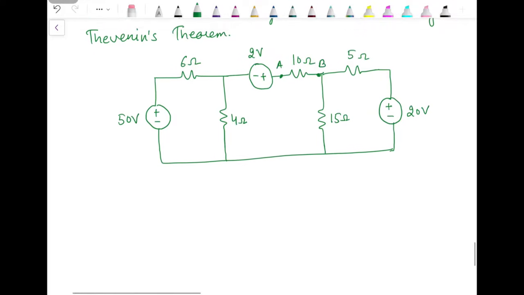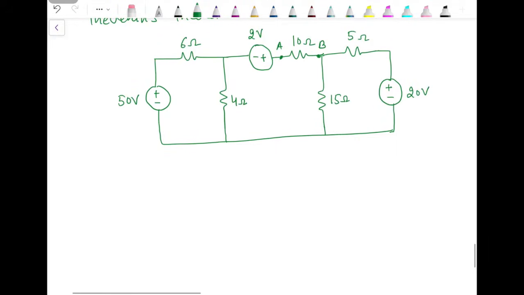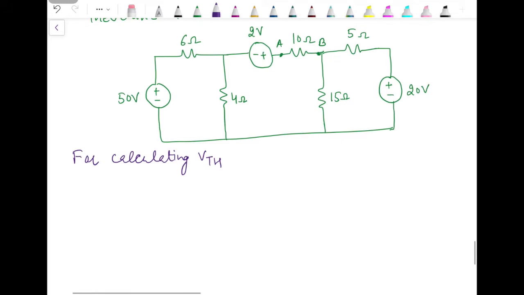So the first step here is, for calculating VTH, we need to redraw the circuit, and when we redraw the circuit we have to remove the load resistance. The rest of the circuit will remain as it is.